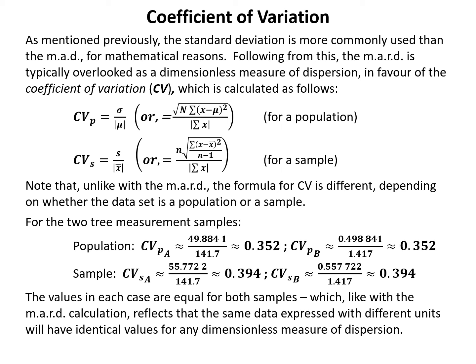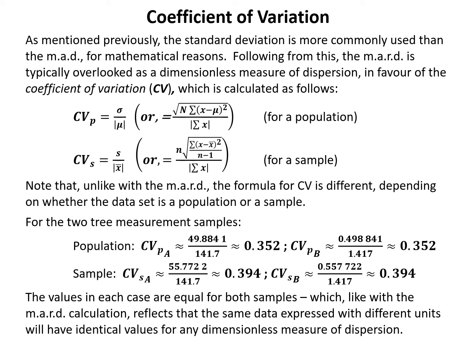So that's one restriction or limitation that we need to be aware of. Looking at these two tree measurement samples, we can calculate two different coefficients of variation: one if it's a population for each sample, versus what the CV would be if it was a sample.